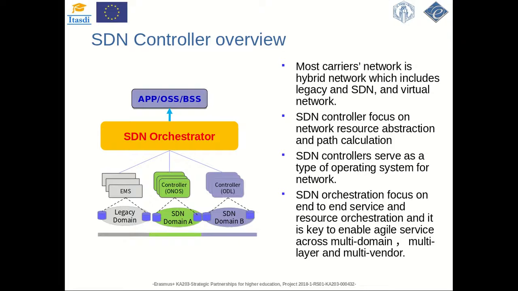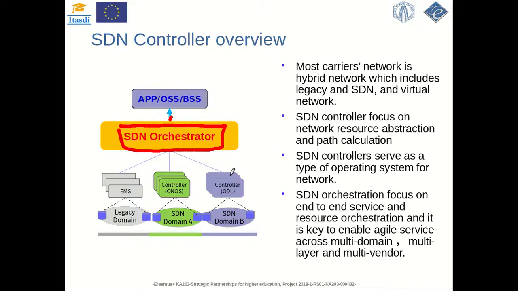Furthermore, we will see more details about the SDN controller overview. The SDN controllers, as they are placed here, are on the network layer and interact with applications, operating systems, and other things above. Below we have the network infrastructure.